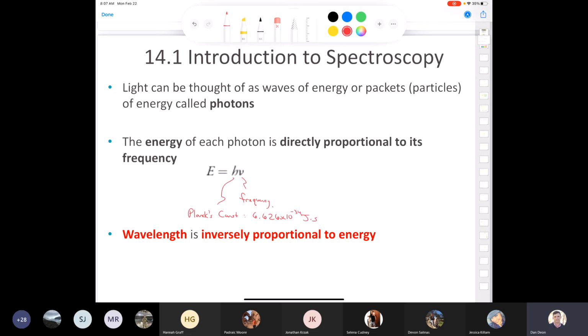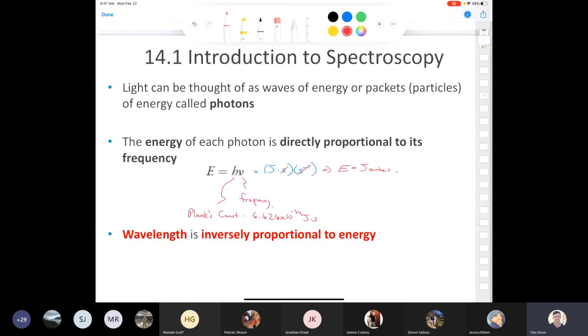If we have the units of Planck's constant in joules times seconds, and we multiply that by reciprocal seconds, the seconds cancel, and we get that energy is given in joules.